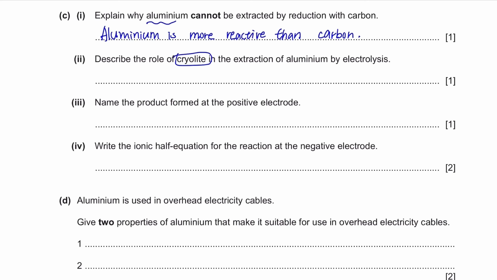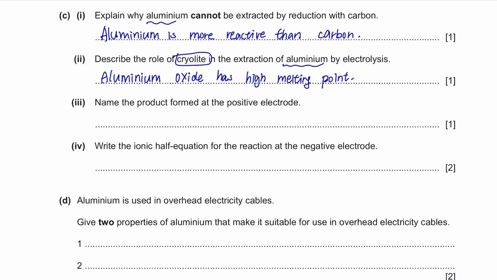Well, we use aluminium oxide in the beginning of the electrolysis to produce aluminium, and we need to use cryolite because aluminium oxide has a very high melting point, and cryolite helps to lower the melting point so that we won't have to use so much energy to produce the molten state.